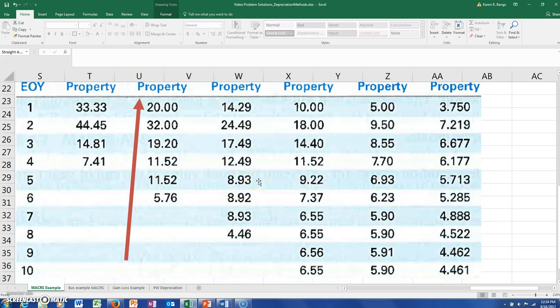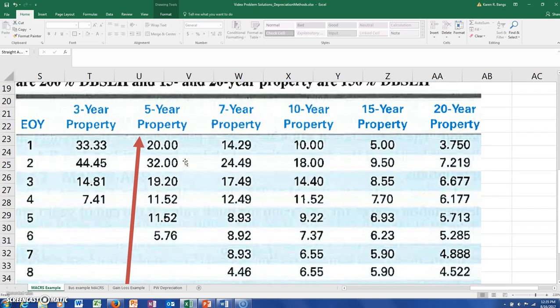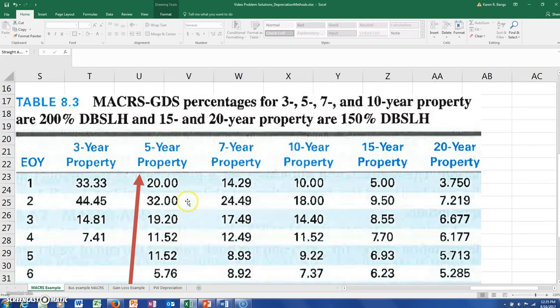In year 5 for the 7-year, in year 7 for the 10-year, etc., and then the depreciation is straight line. It converts to straight line in the year that the depreciation for straight line is higher than the depreciation for that year would be under double declining balance. Because MACRS is modified accelerated, we're trying to accelerate to depreciate as soon as possible.